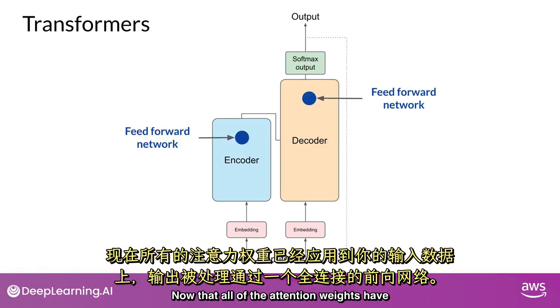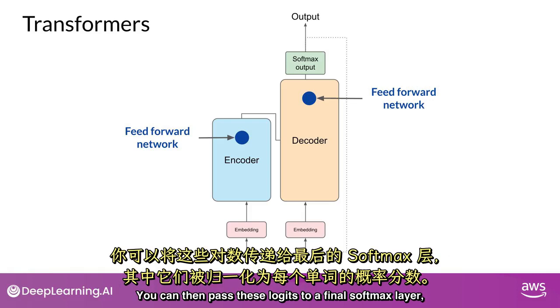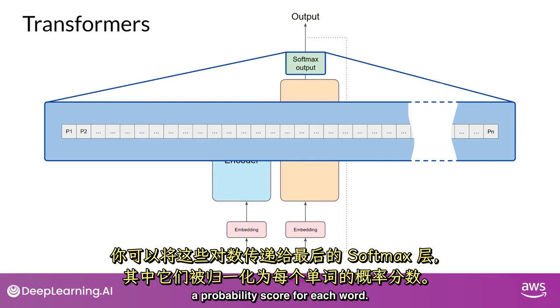Now that all of the attention weights have been applied to your input data, the output is processed through a fully connected feed-forward network. The output of this layer is a vector of logits proportional to the probability score for each and every token in the tokenizer dictionary. You can then pass these logits to a final softmax layer, where they are normalized into a probability score for each word.